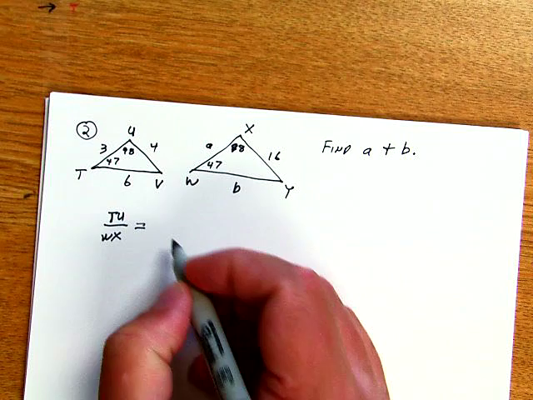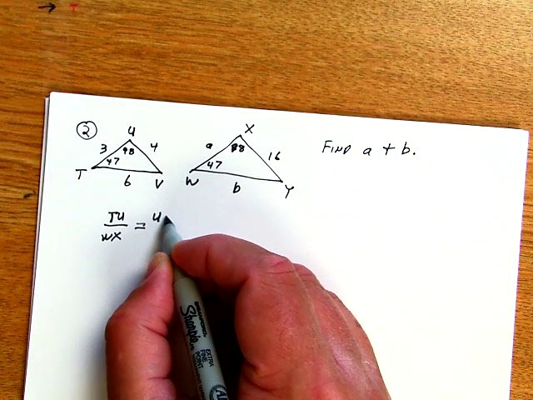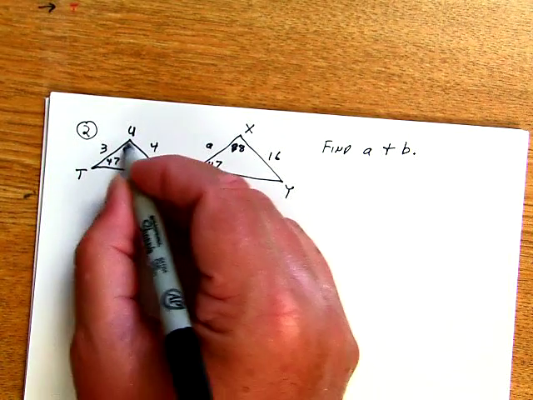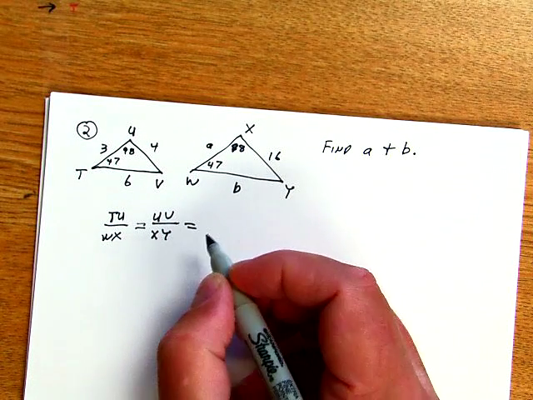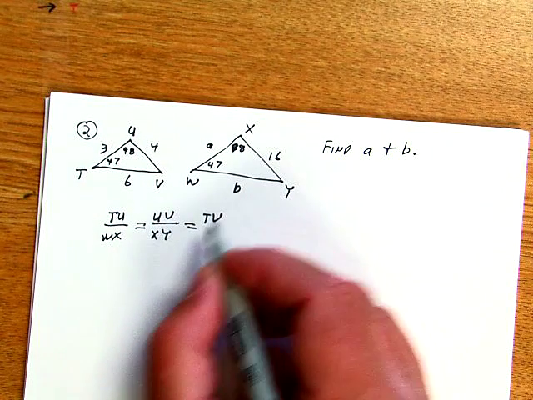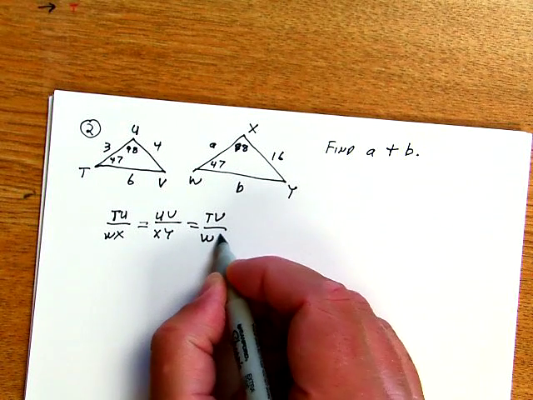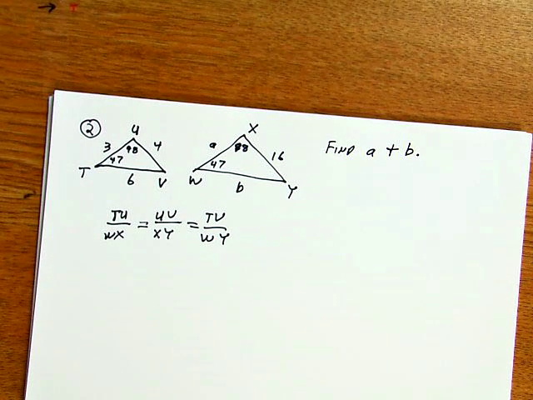And they should set up a proportional ratio, UV to XY. And that should also, the bottom should also come across TV to WY. So those three fractions should all equal each other.